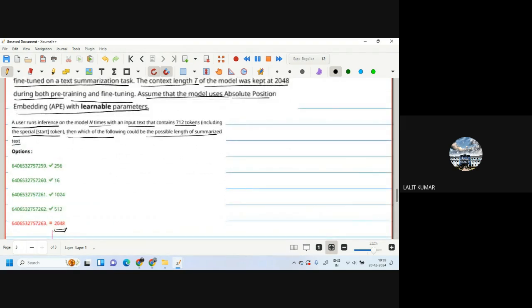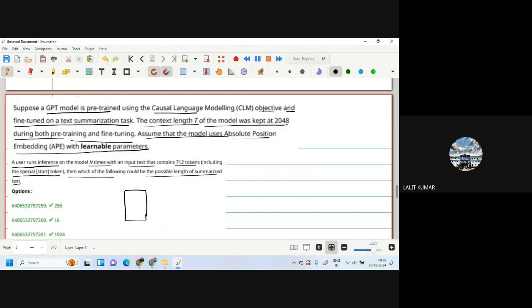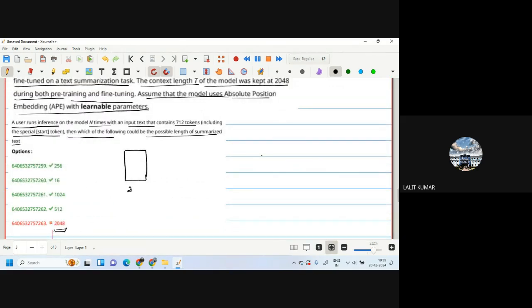Now what is happening? We have trained a GPT model, which is a decoder-only model, and it has a 2048 context length. So I'm passing tokens and getting a text summarization, since we have pre-trained on summarization tasks.